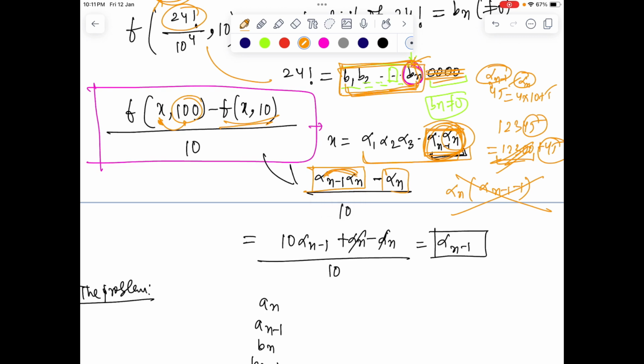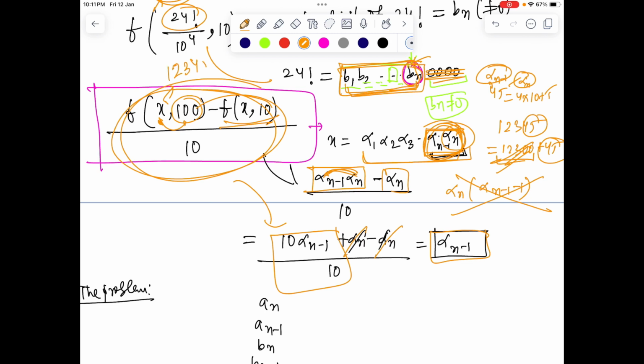This is completely wrong because this does not represent multiplication in digits. The last two digits can be written as 10 times alpha n minus 1 plus alpha n, so the valuation will come to alpha n minus 1. If you put a number like 12345, it represents the second last digit of the number. So 4 is the answer for this entire thing.